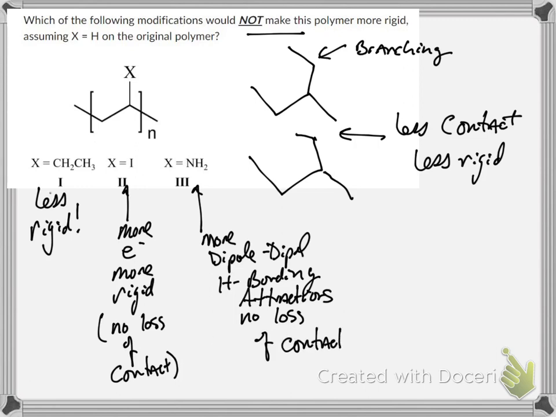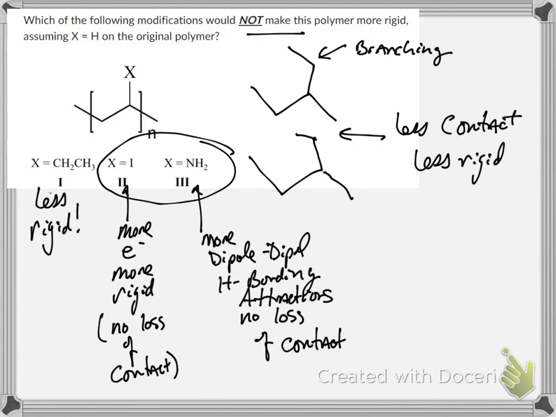So that's the key: there's no branching, there's no additional chain. I mean, there's one atom added. In X, you're adding a group, but you're not adding multiple atoms connected like the carbons.